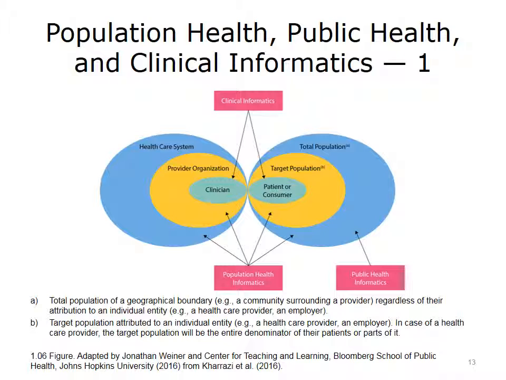This graphic is an important, if a bit complex one. It represents a paradigm about the distinction between population health informatics, public health informatics, and clinical informatics. The graphic provides a framework of the key participants in the system.